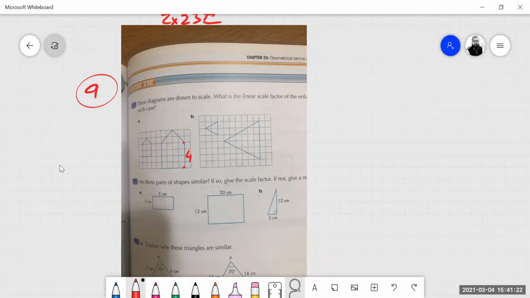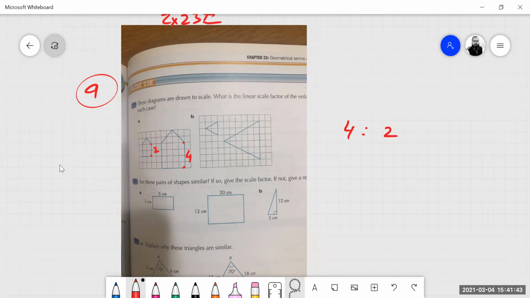Okay. And this is 2. Is it right? So the ratio is 2:4. The ratio is 4:2 in simplest form.